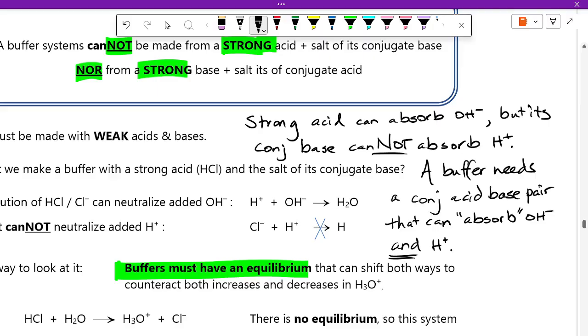In other words, the system needs to be able to shift in both directions.